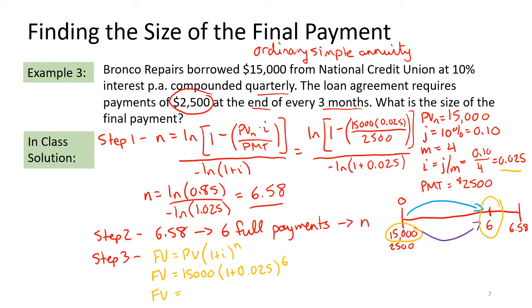And we get a future value of $17,395.40. Okay, so that's the value of your loan after 6 payment periods, $17,395.40. Okay, so now I'm going to go to another slide to continue our steps.